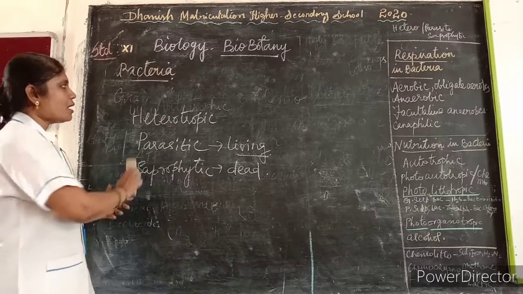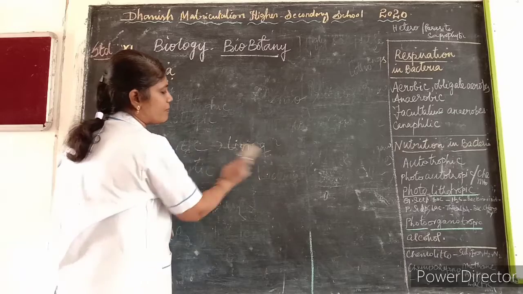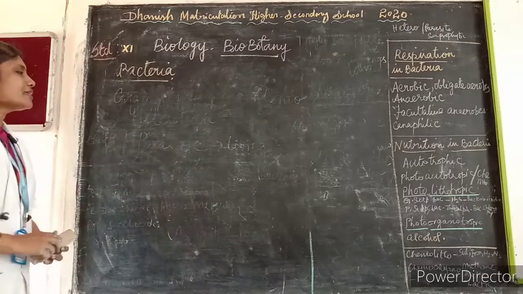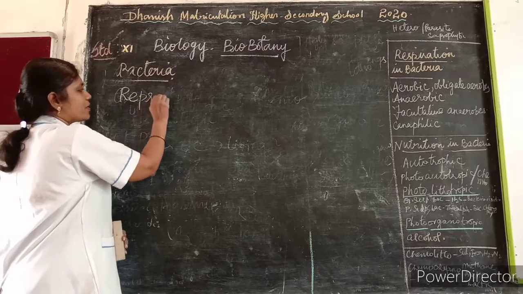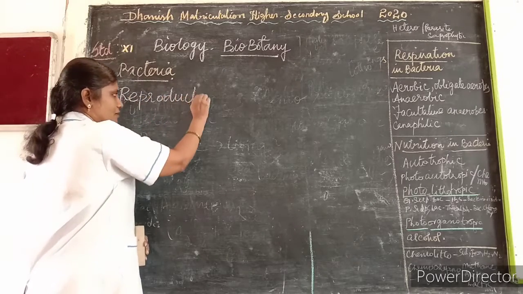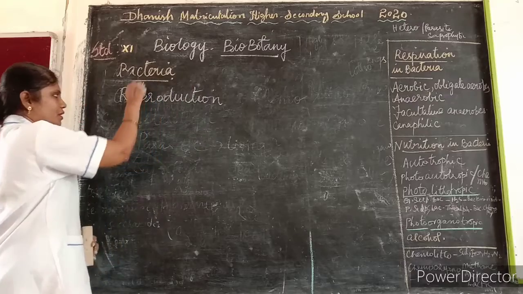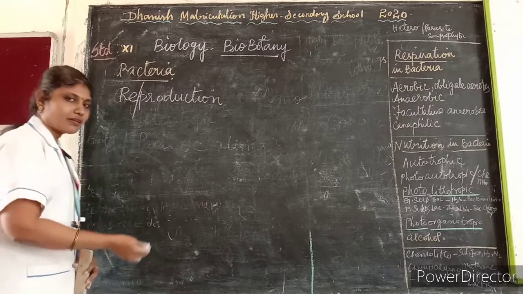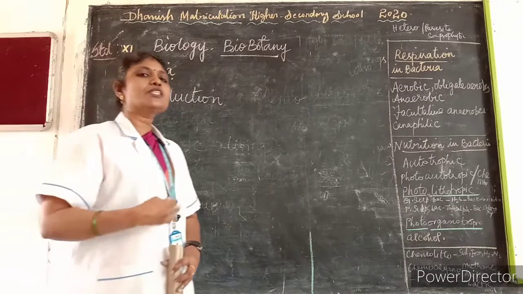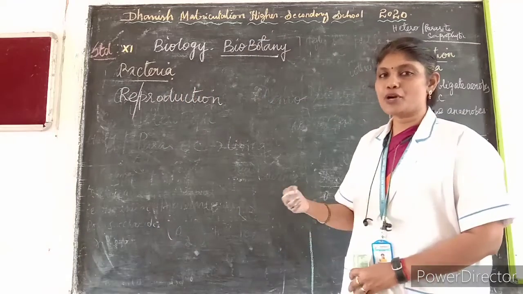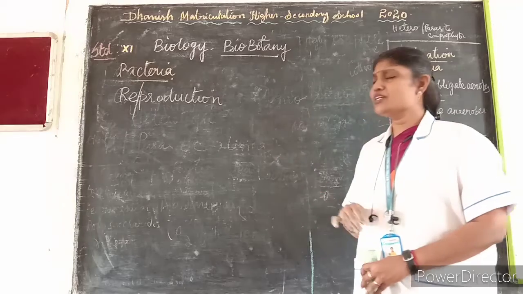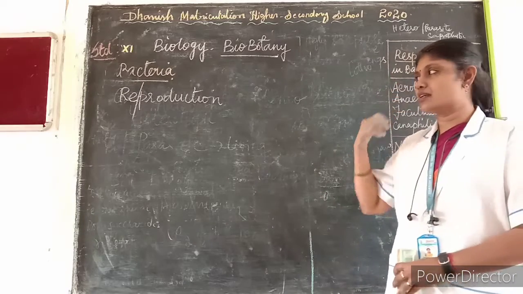Next we shall see reproduction in bacteria. What is reproduction? Last class I told you. Reproduction means producing its own kind. That is called reproduction, or it is also called bacterial genetics.